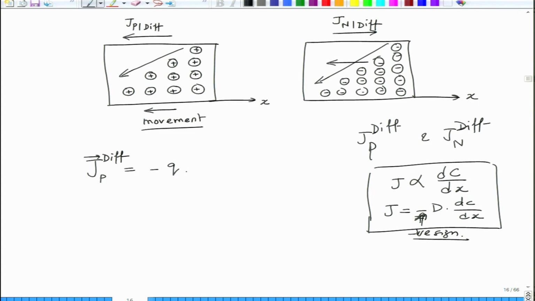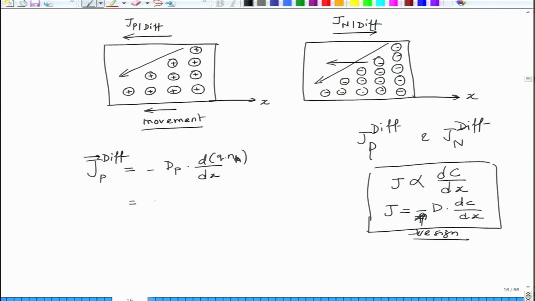Now, if you correlate the flux of charges, let me write this expression in a slightly different form. For positive charges it would be minus of D_p into d by dx of the charge concentration, basically the gradient of charge concentration, and this is nothing but q, the total charge, multiplied by n_h.